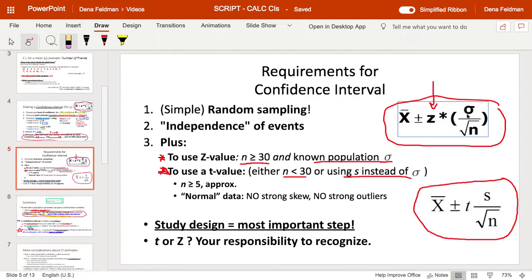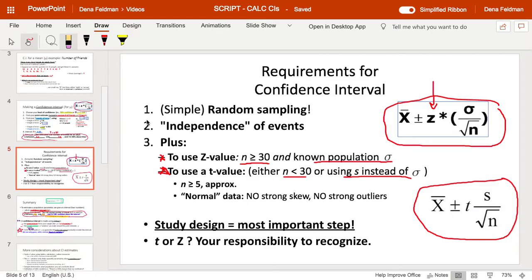And obviously, if you don't have your population standard deviation, you replace it with the sample's standard deviation. So we'd still be able to calculate a confidence interval estimate as long as these two basic facts are known in addition to this.